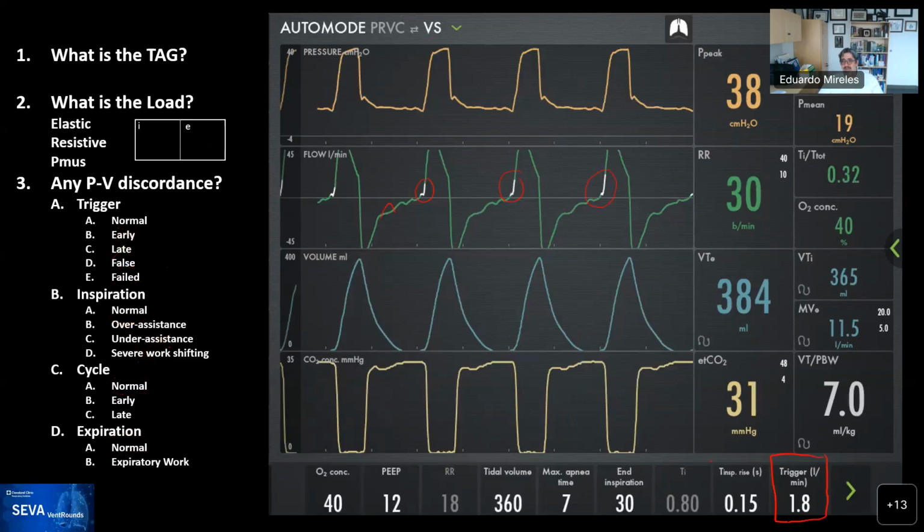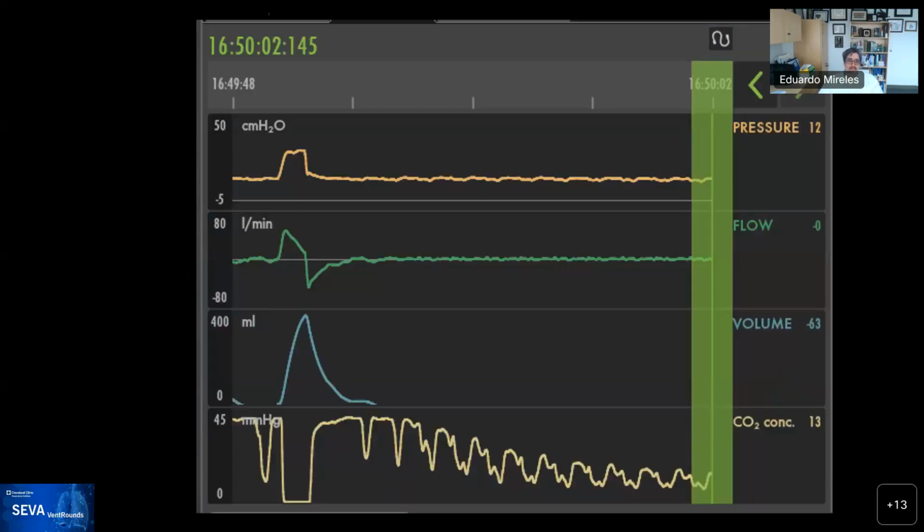Isn't that interesting? So what we did then was an end expiratory pause on this patient, and this highlights a classic view. You can see here, because of the threshold or the gain, you're unable to see any flow aberrancies, right?